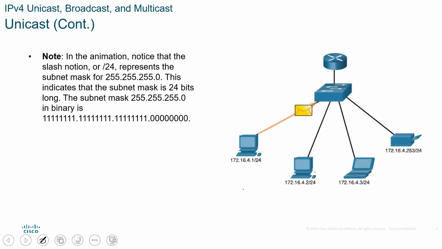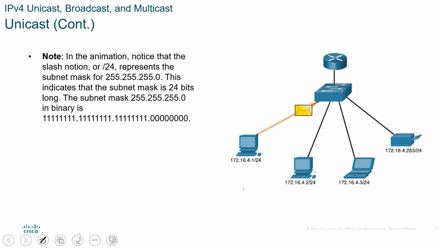So in the animation, notice that the slash notation of /24 represents the subnet mask of 255.255.255.0. This indicates that the subnet mask is 24 bits long and the subnet mask is represented in binary.